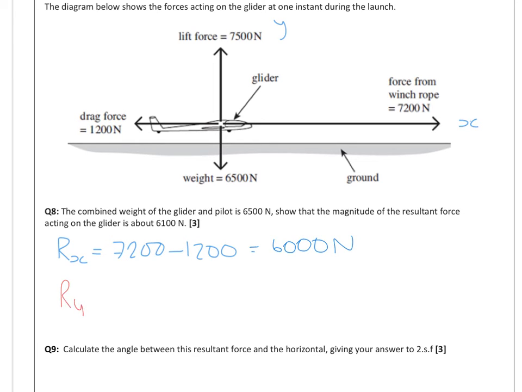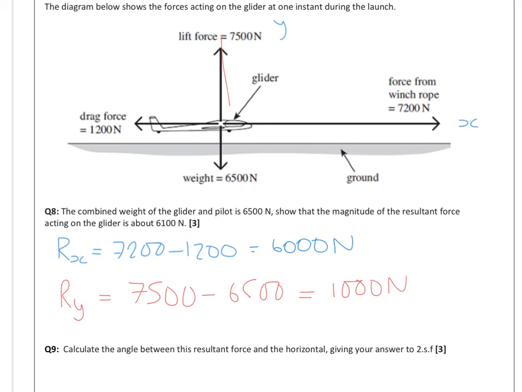The resultant component in the y direction is going to be the upward force, so 7,500 minus 6,500, because just as before, this one's up, which is the positive direction, this one's down, which is the negative direction. And again, 1,000 newtons.